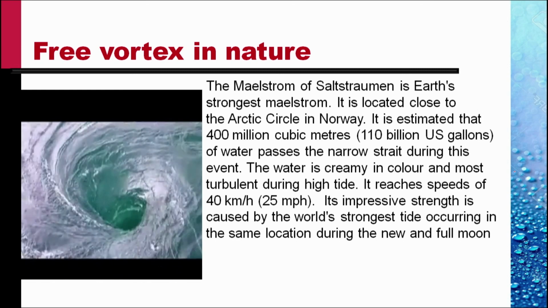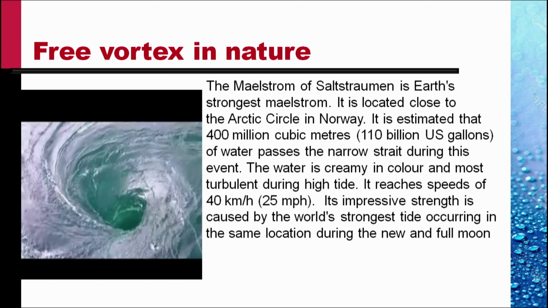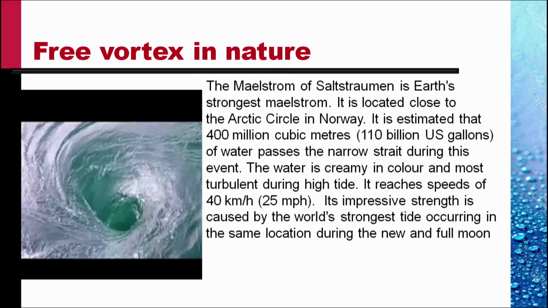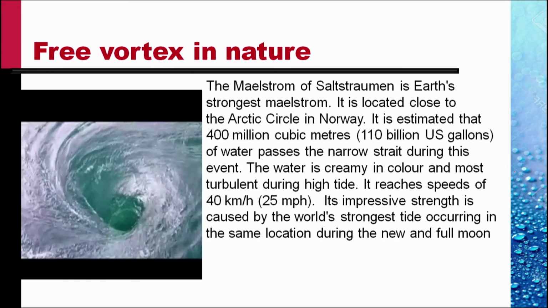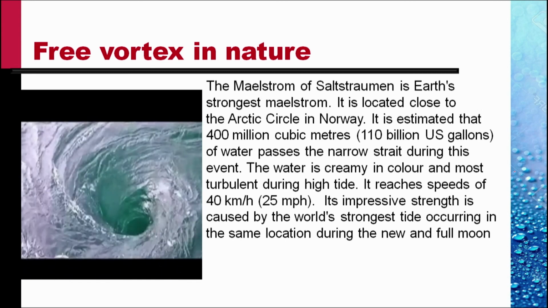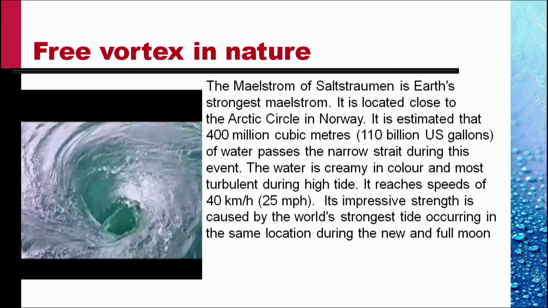It is estimated that 400 million cubic meters of water passes in a narrow strait during this event. This occurs regularly because of the lower pressure towards the center of this vortex. The water level decreases, so it produces a kind of a hole.